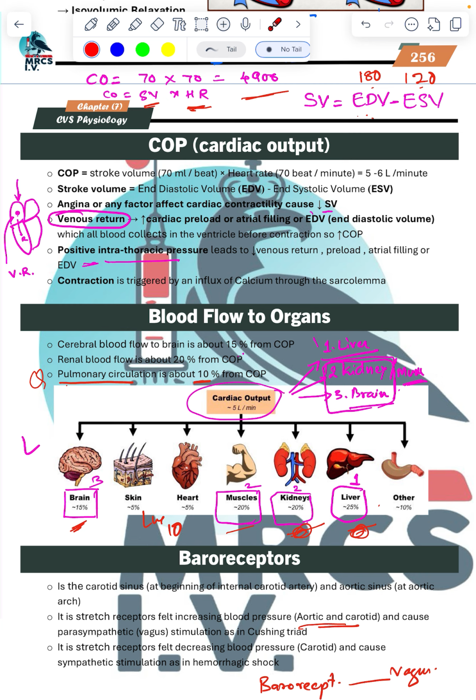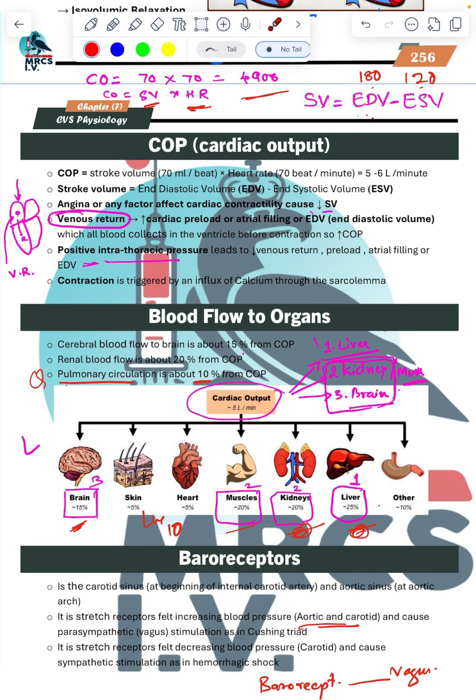Positive intrathoracic pressure, whenever you are giving ventilation, decreases venous return and decreases preload. That decreases the end diastolic volume. If EDV decreases while end systolic volume is the same, that will decrease the stroke volume.